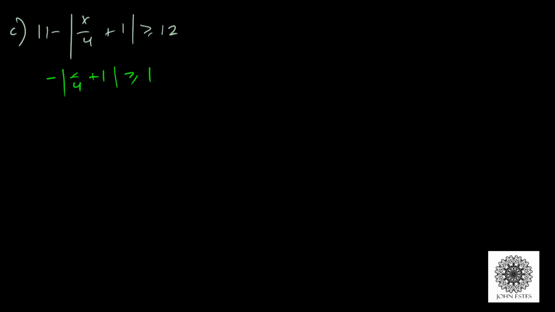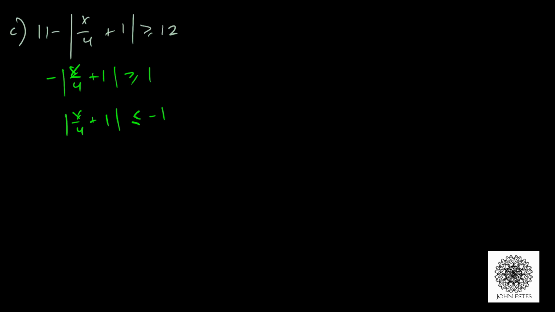And it looks like we're going to have that same situation we did last time with the split number line, but I need to get the absolute value by itself, so I multiply both sides by a negative, and when you multiply or divide by a negative, that means you flip your inequality. So I get the absolute value is less than or equal to -1.